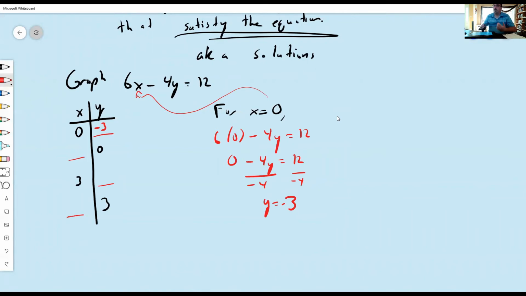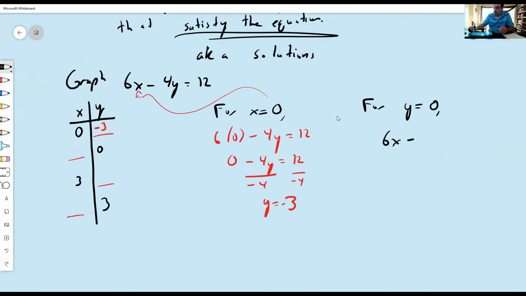On our next row, we're given y equals 0. Now, is it possible to kind of do this in your head sometimes? Yeah, it's possible to do it in your head. It's possible to do this very much more in depth or less in depth. So, kind of depends on how comfortable you are. So, 6x.